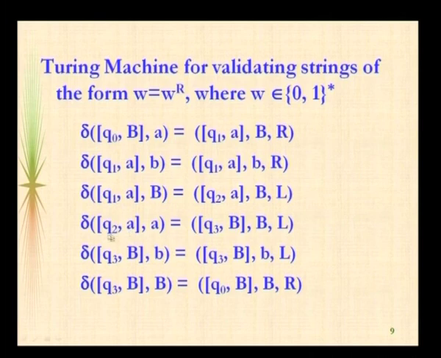So delta of q2 comma a and a: the current buffer symbol, or the storage, has a, and the last symbol available on the tape is also a. In that case we can clear the buffer, because the symbol and its counterpart, the pair, has been identified.